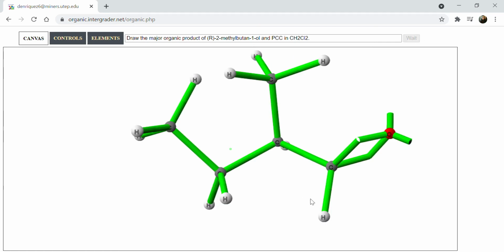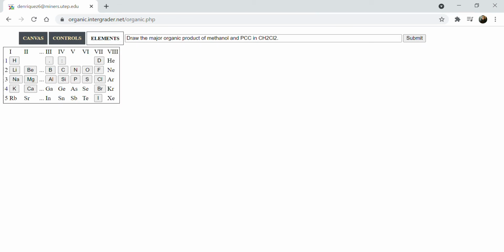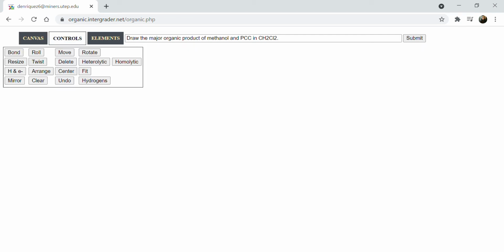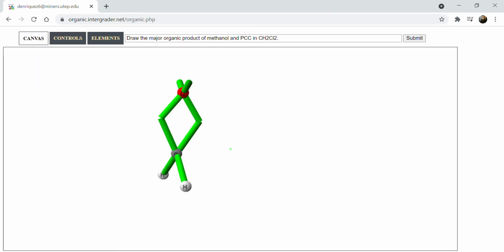If it had water, I would add an O here, an OH. But it doesn't, so we can just leave it like that. Okay, methanol, so we've got our carbon and our oxygen, and it's just PCC and CH2Cl2, so that is it for that one.